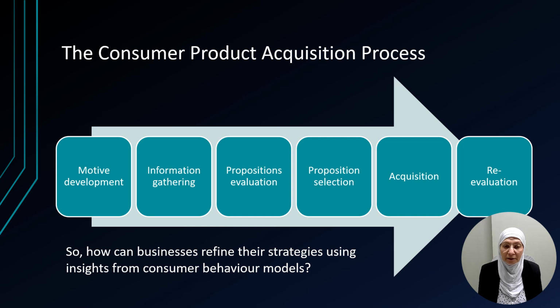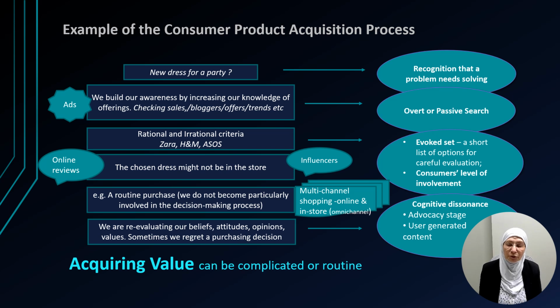So can businesses refine their strategies using insight from consumer behavior models like this one? How we acquire, the acquiring process, the buying process, and what we go through. Let's take an example. So, okay, there is a party, and I feel I need a new dress for the party.